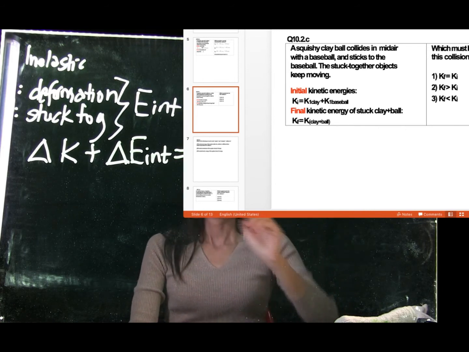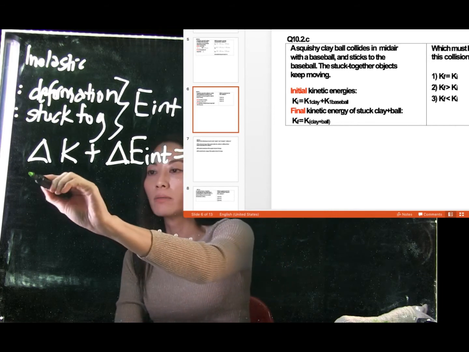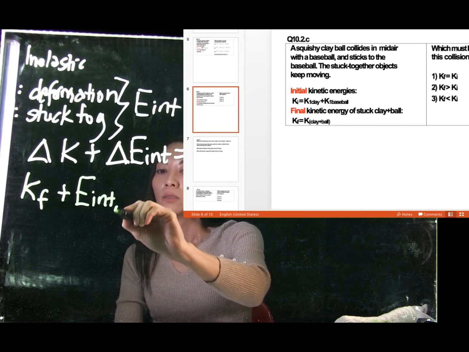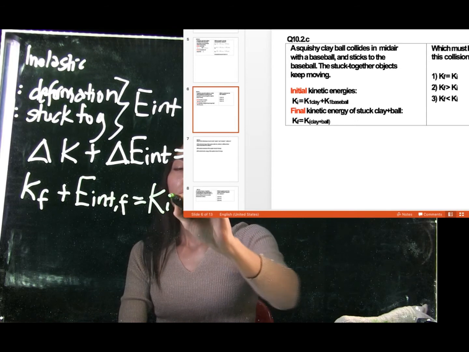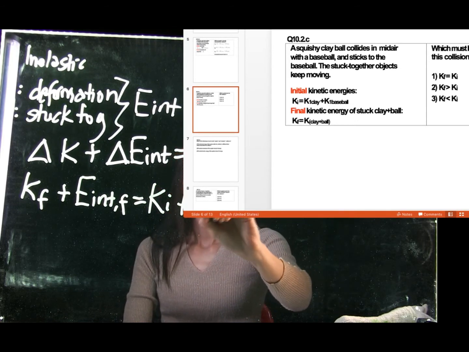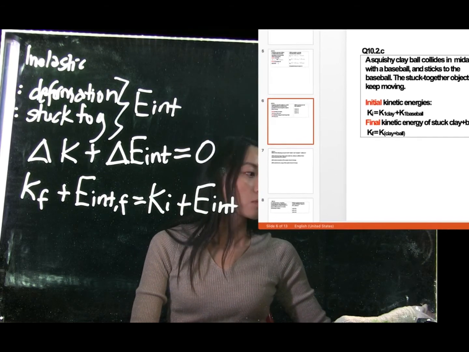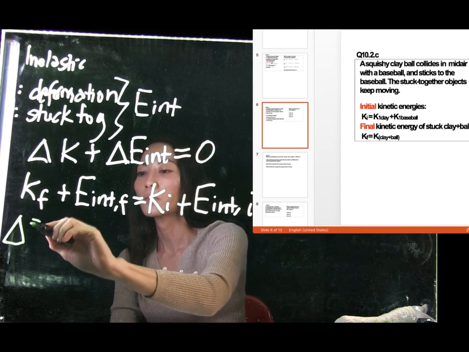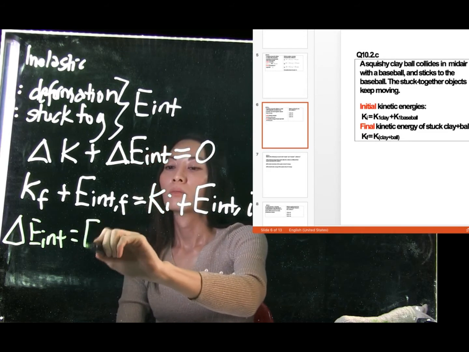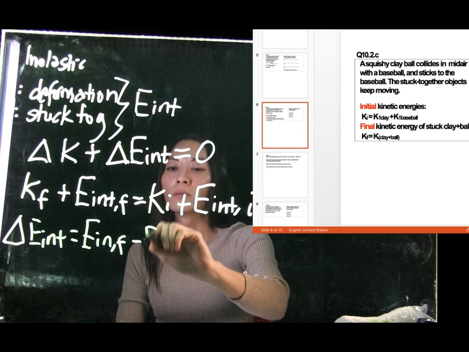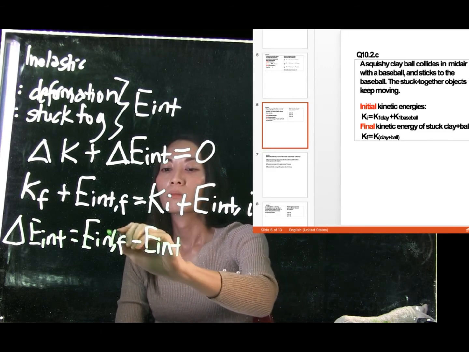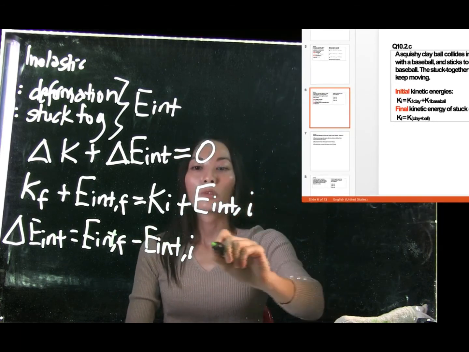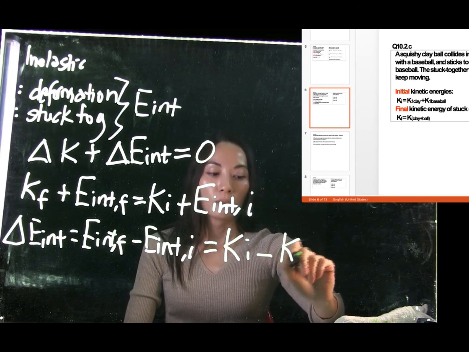So for this type of collision, we can write that the final kinetic energy plus the final internal energy is equal to the initial kinetic energy plus the initial internal energy, and therefore the change in internal energy, the difference between the final and initial internal energy, is equal to K initial minus K final.